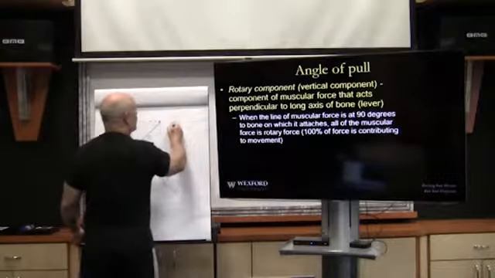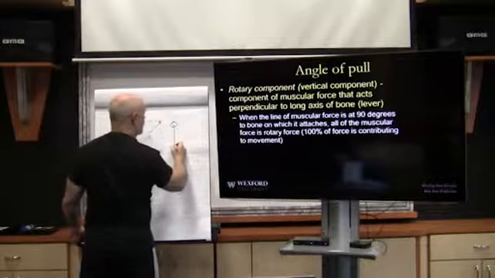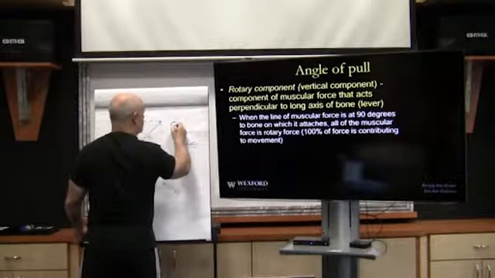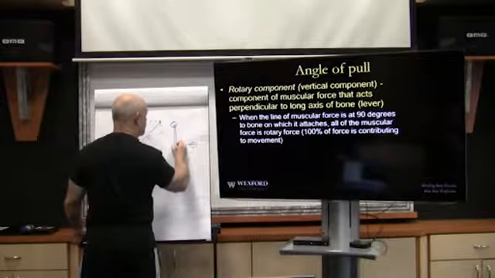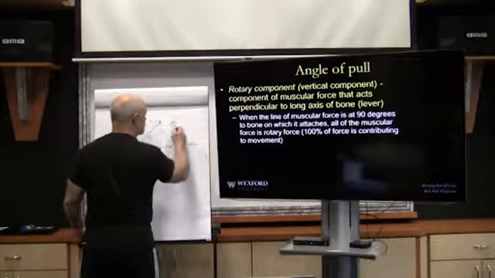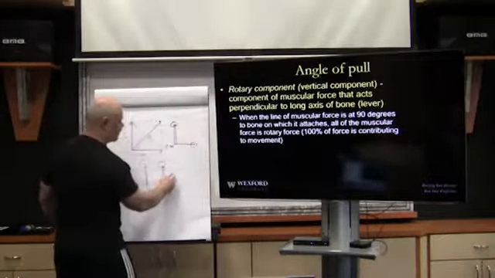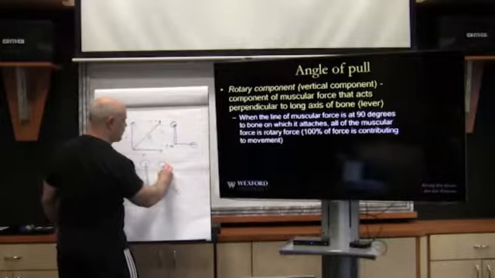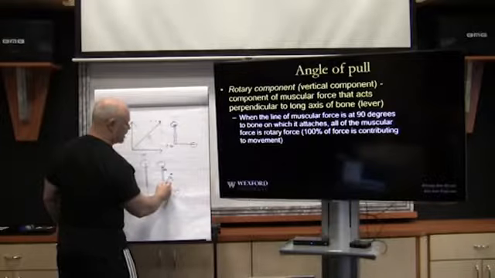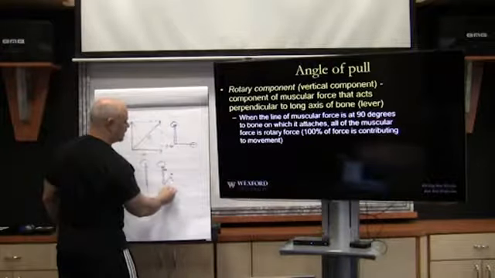So if we look over here, when that muscle is pulling, and the angle of the joint is approximately 90 degrees, remember the rotary component: here's the muscle force, here's the rotary component, and it's at 90 degrees, perpendicular to the lever that's moving.